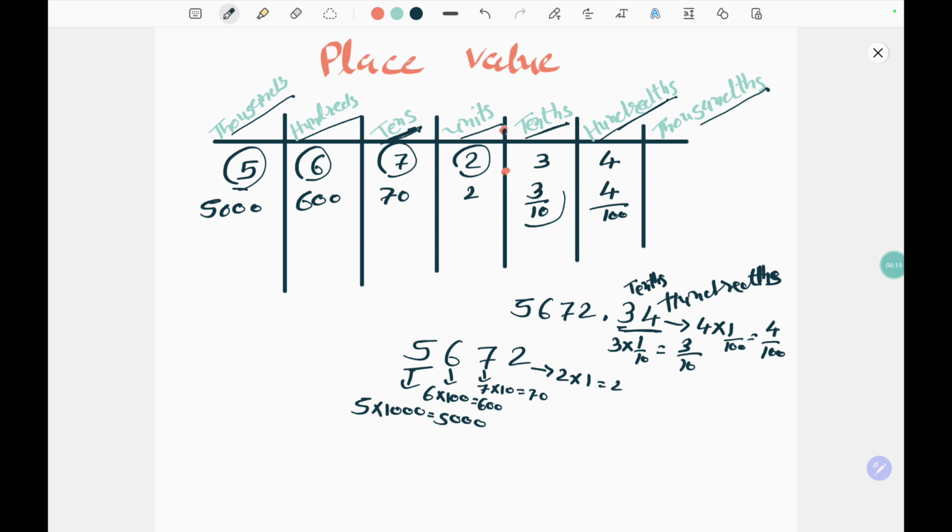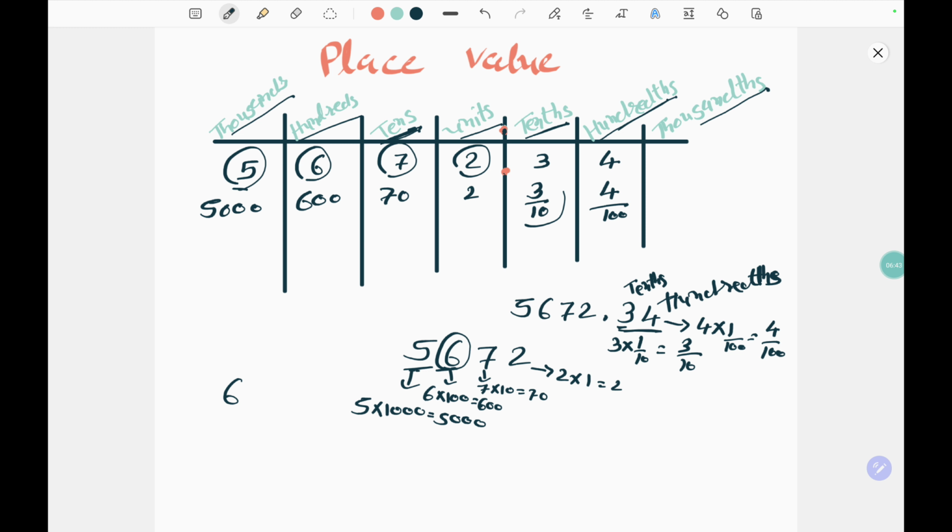So every digit has a place value according to where it is. Of course, if I say only 6, I mean 6 pens, 1 2 3 4 5 6 pens. But if this 6 is in the number 5672, in that number 6 is at the hundreds place.